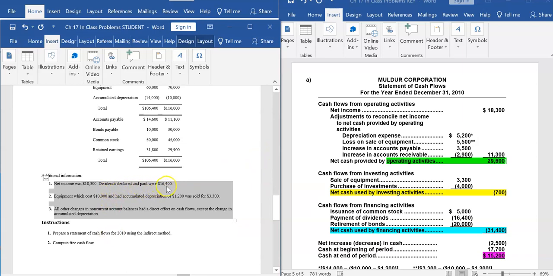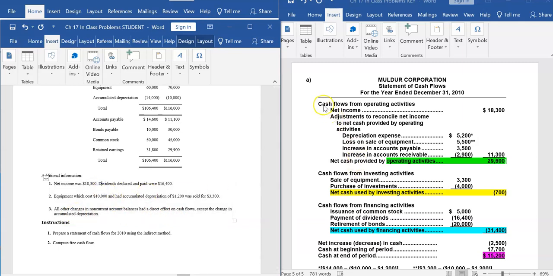Dividends declared and paid were $16,400. Equipment, which cost $10,000 and had accumulated depreciation of $1,200, was sold for $3,300. All other changes in non-current account balances had a direct effect on cash flows, except the change in accumulated depreciation.